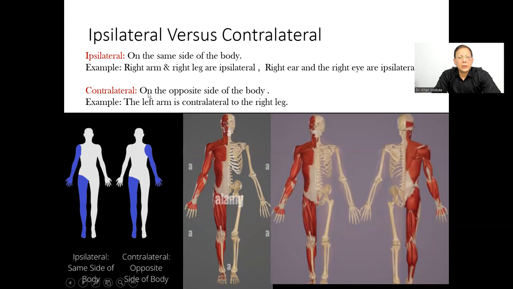Contralateral means one thing on one side and the other thing on the opposite side, so we can use there the term contralateral, like the left arm is contralateral to the right leg, or you can say the right arm is contralateral to the left arm.